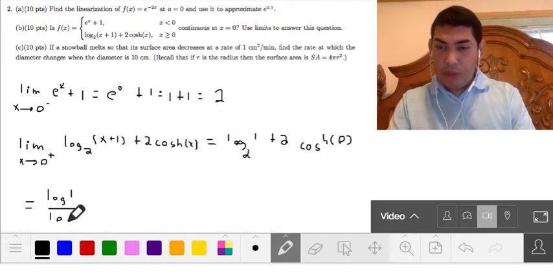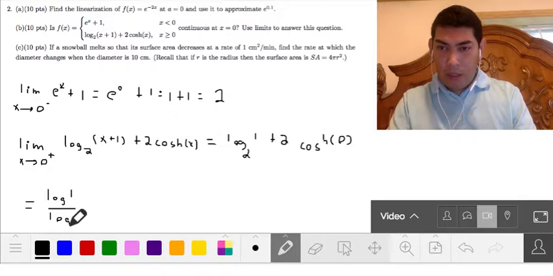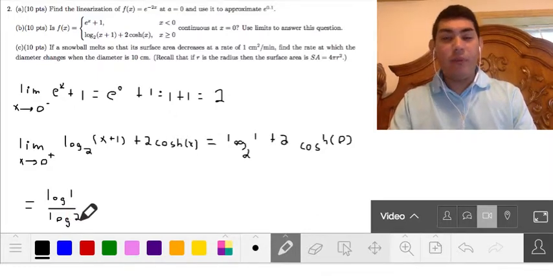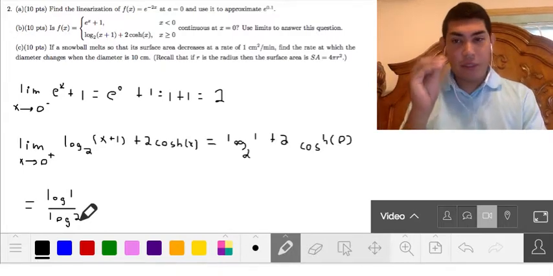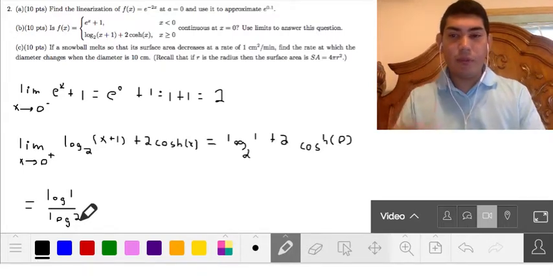And the reason we want to do that is because we want to look at the logarithm of 1. And the logarithm of 1 equals 0. Therefore, that section, 0 divided by the logarithm of 2, will be 0.